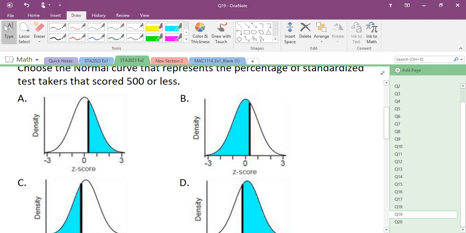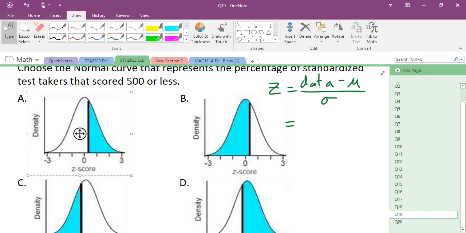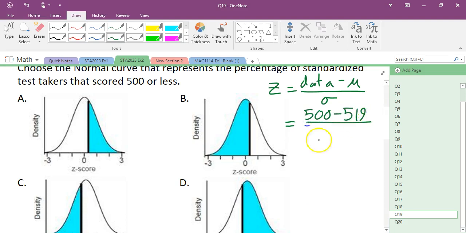So let's turn it into a z-score again. So z-score, again, remember that's your data minus mu divided by the standard deviation. So what is our data point? 500. So we'll take 500 minus what is our mu? 519 divided by what's our standard deviation? 50.